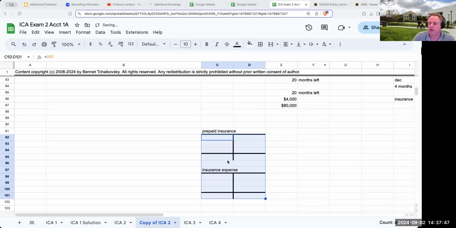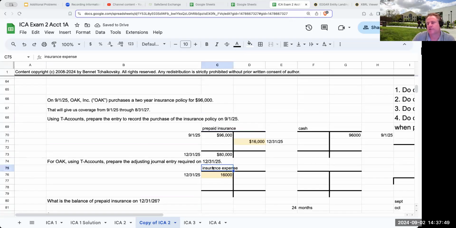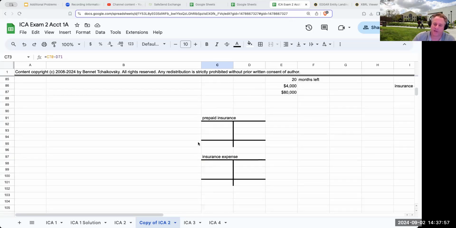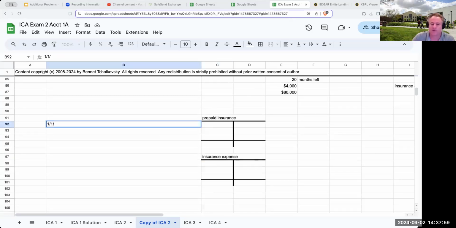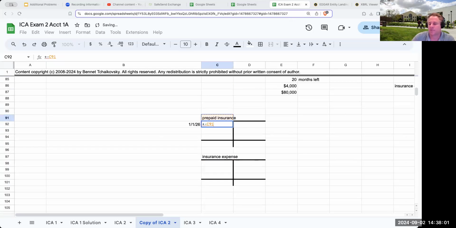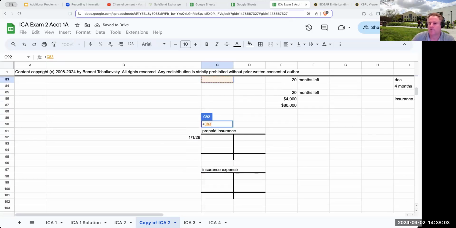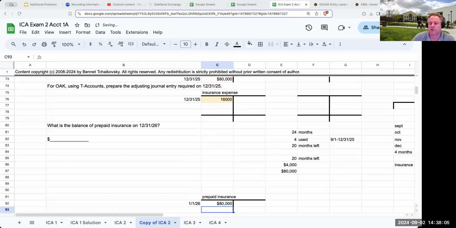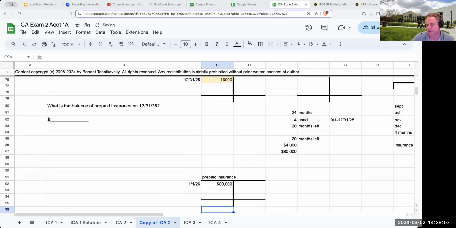Well, in 2025, insurance expense, like expenses, revenues, and dividends, is going to be closed out to retained earnings. However, the ending balance of an asset becomes the beginning balance of the following period. So my prepaid insurance is going to start with a balance of 80,000.